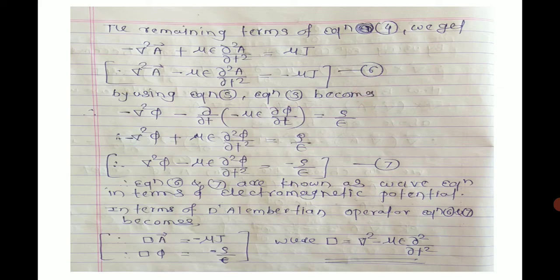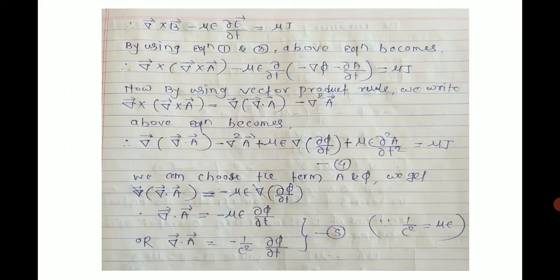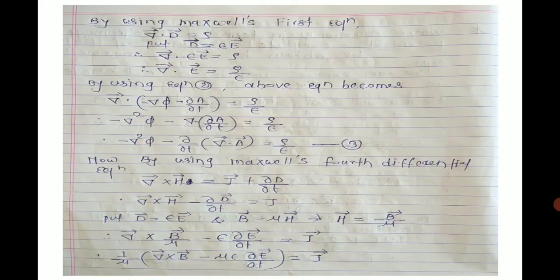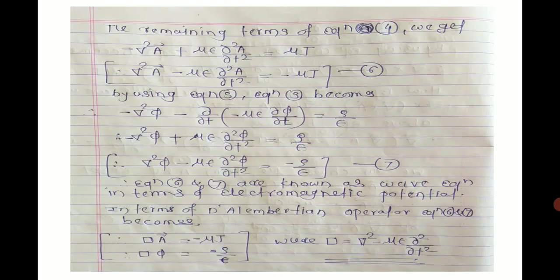Then equation 5 is del dot A is equal to minus mu epsilon del phi by del t. Put this value of del dot A in equation number 3, which is minus del square phi minus del by del t of del dot A is equal to rho divided by epsilon.